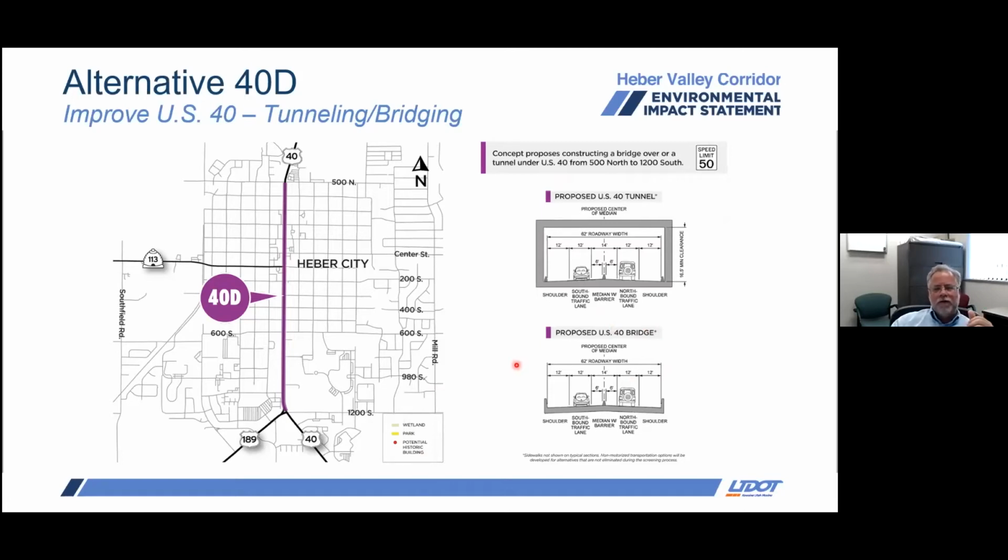With this alternative, Main Street would remain a 35-mile-an-hour facility to handle the local traffic at the ground level. And then the through traffic that's moving through Heber City would then be put through either the tunnel or the bridge at a 50-mile-per-hour speed.